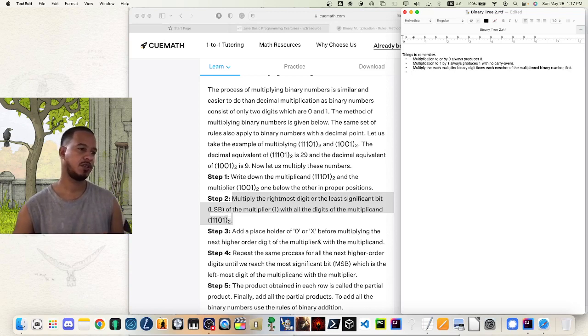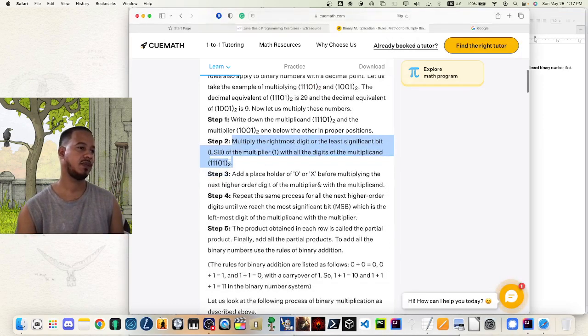Next step is to write down the numbers below, like a sum. That's the next thing to keep in mind.